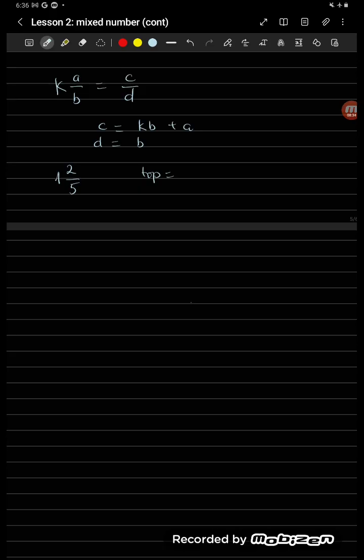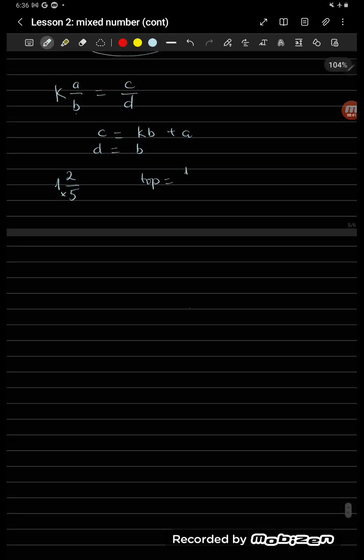It equals K times B, so 1 times 5, plus 2, and it equals 7. The bottom part just equals 5. So 1, 2 over 5 equals 7 over 5.